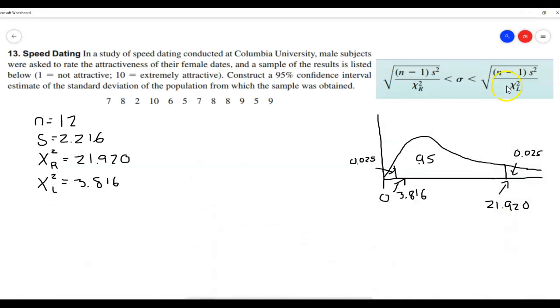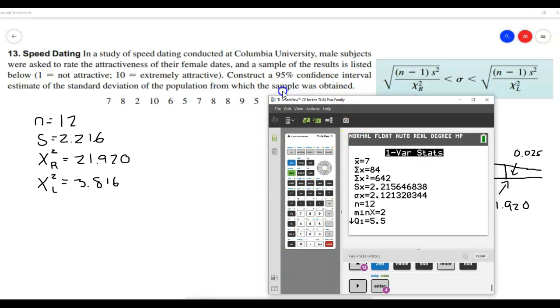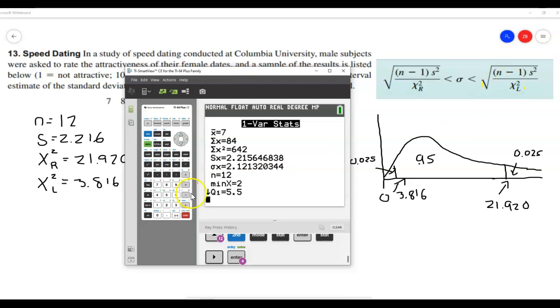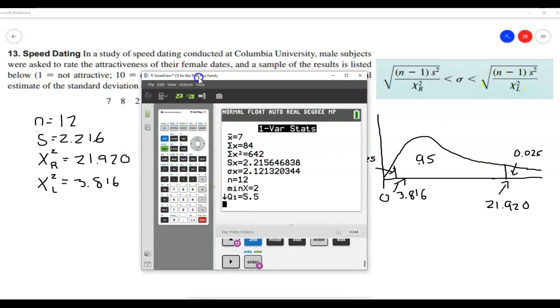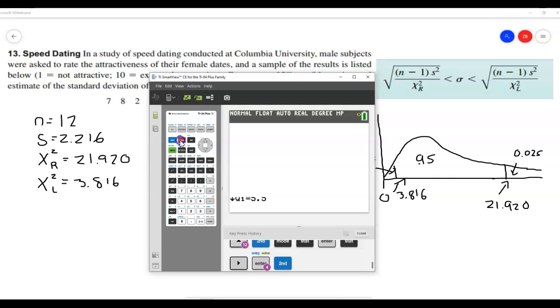All right, and then we're just going to put it in here. So let's go ahead and do that with our calculator. So we could do this all at once. So let's go ahead and do the right side first, since we have all of our values. All right, so the right side looks like the square root, and I'm going to put the entire top here in parentheses. So this is going to be open parentheses.